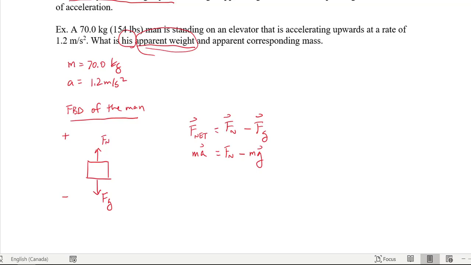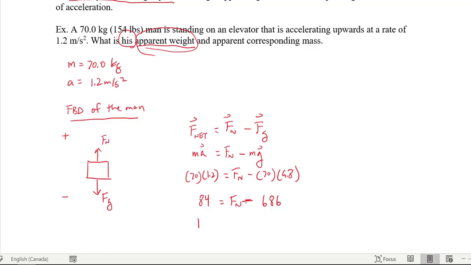I should be able to plug in a number for F net. That's going to be 70 times 1.2, which is 84. I should also be able to figure out what Fg is, and that's going to be 70 times 9.8, which is 686.